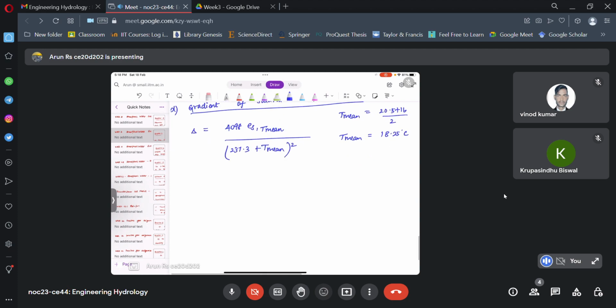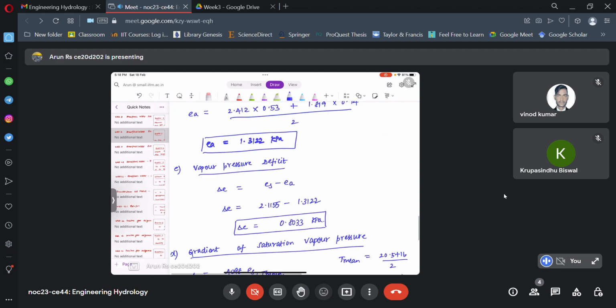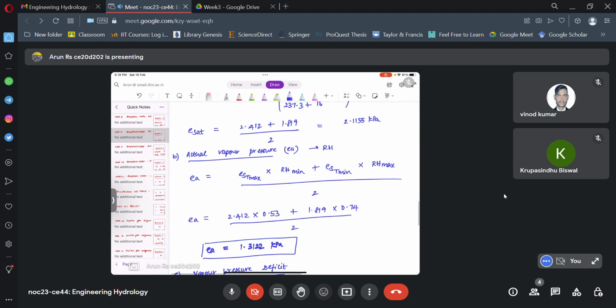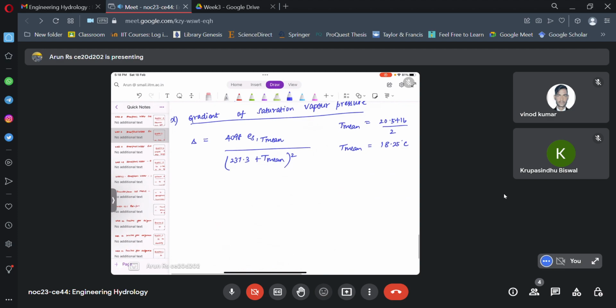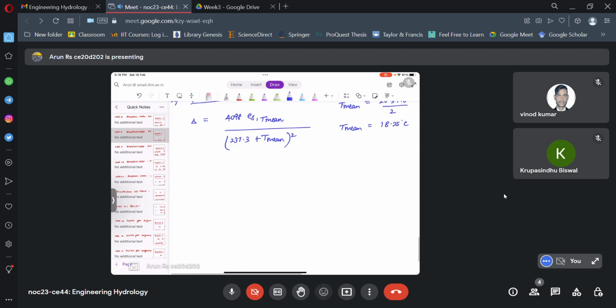So here you need to note that if you calculate the saturation vapor pressure using T mean, it will be a completely different value than the saturation vapor pressure if you do it by averaging. So these are just two small distinct things which you need to note down. So I'm going to calculate.